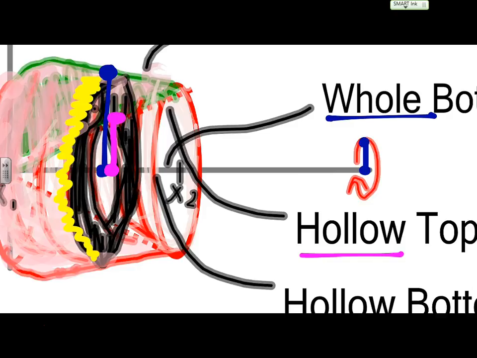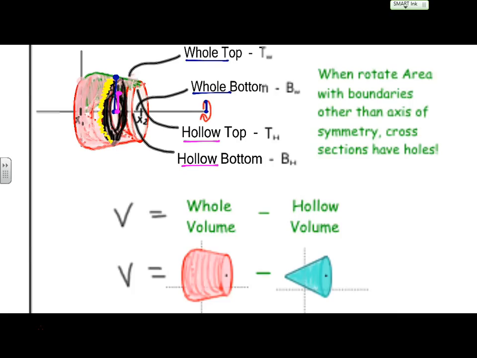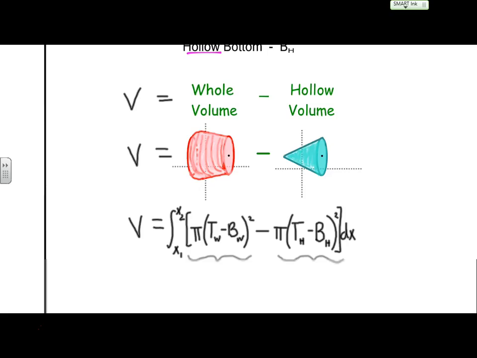So there are 2 different radii. We have an upper radius and a lower radius. We have an outer radius and an inner radius. Does that kind of make sense? And once we separate that, we can go ahead and mathematically say, we just need to set up 2 different expressions. We're going to multiply pi r squared for the outer.